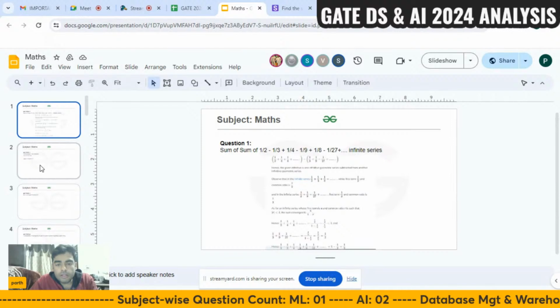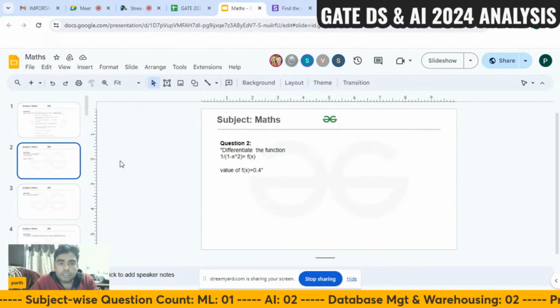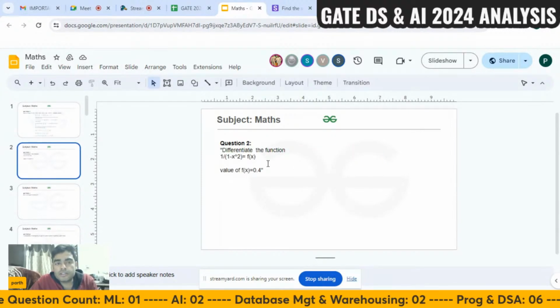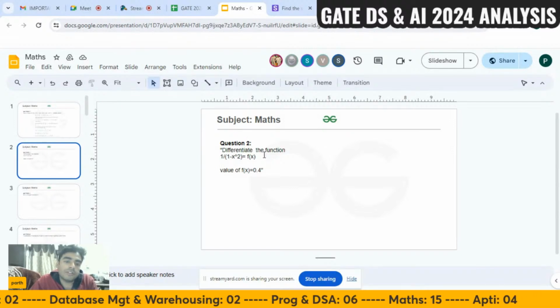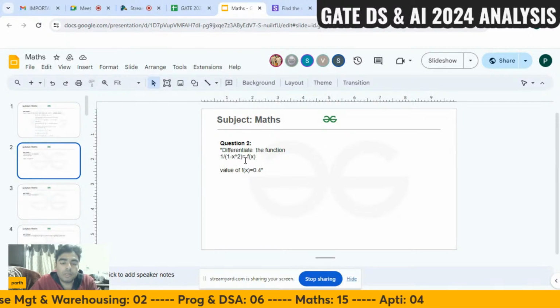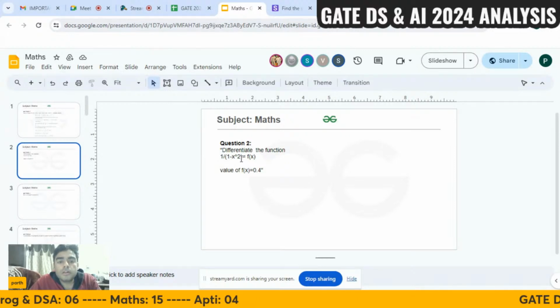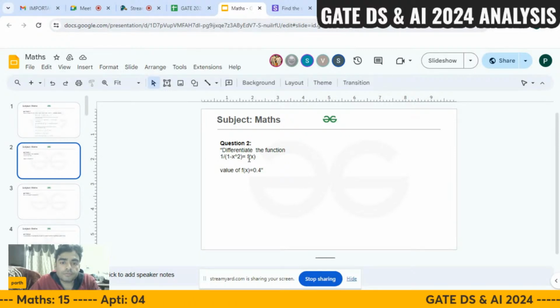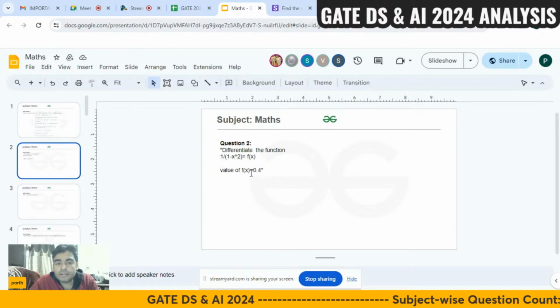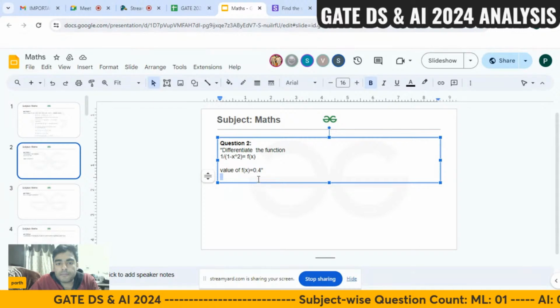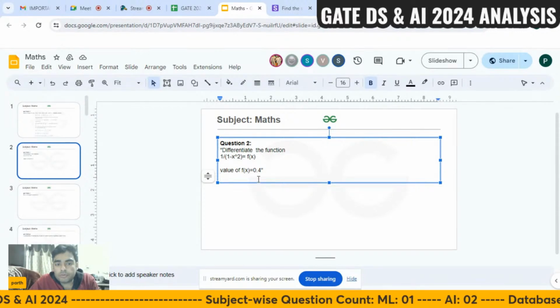Now coming to the next question, which is of differentiation, where the function is given as 1 upon 1 minus x square, and we have to calculate the value at x equals 0.4.